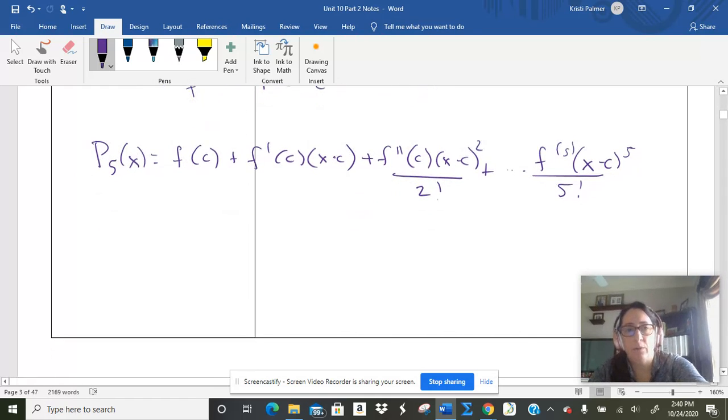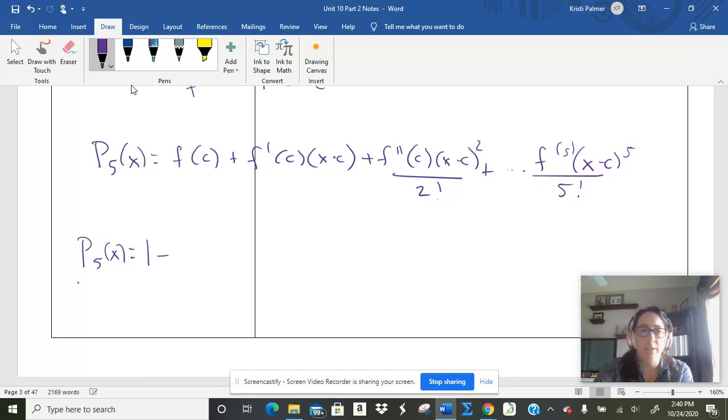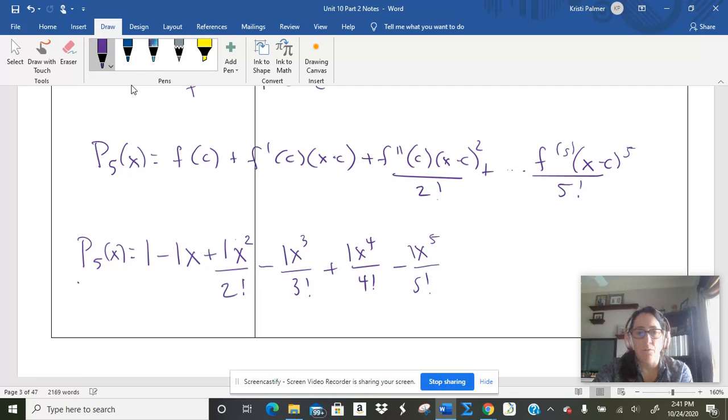So then I can plug in what we had. Here, f of c was 1, f prime of c was -1, and I'm centered at 0, so that's just x. And then I had a positive 1, centered at 0, so that's squared. And then I had a -1, a +1, and then I had a -1. And I don't have to have those ones there, but I just wanted us to see.